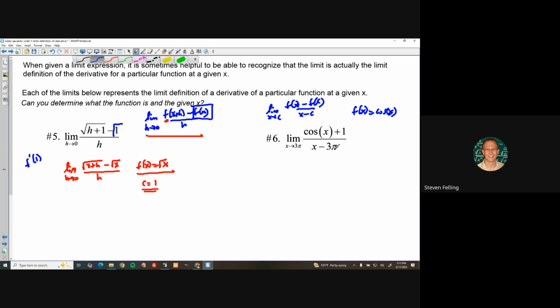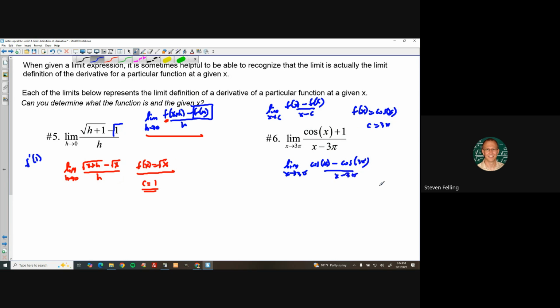And it looks to me like we're evaluating this at 3 pi. So that would be true as long as I rewrote this as limit as x approaches 3 pi of cosine x, and then this should be minus the cosine of 3 pi over x minus 3 pi.